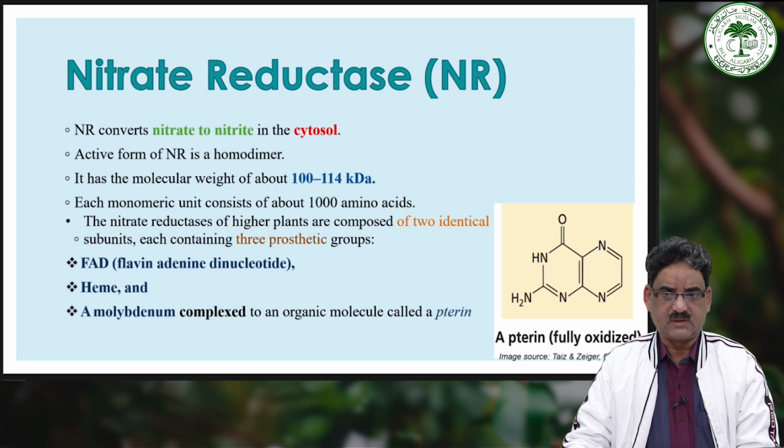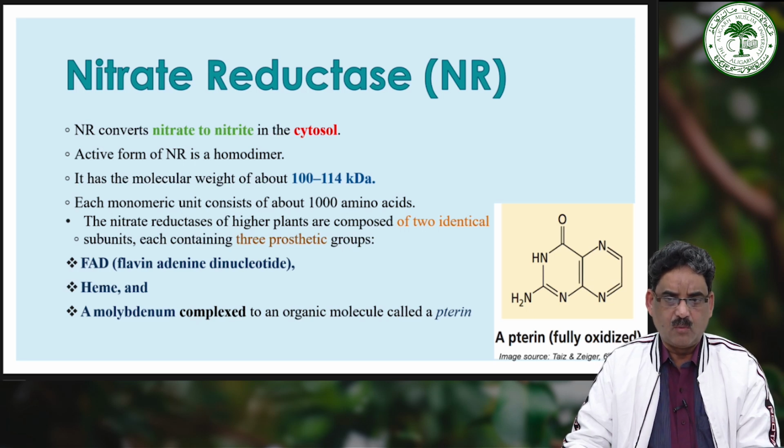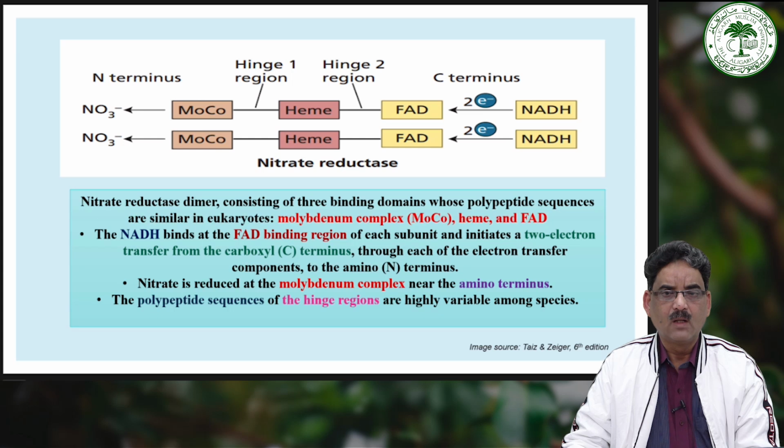The molybdenum cofactor center consists of molybdenum complexed with an organic molecule, that is pterin. As you can see from the figure, the nitrate reductase dimer consists of 3 binding domains whose polypeptide sequences are similar in eukaryotes: molybdenum complex, heme and FAD.